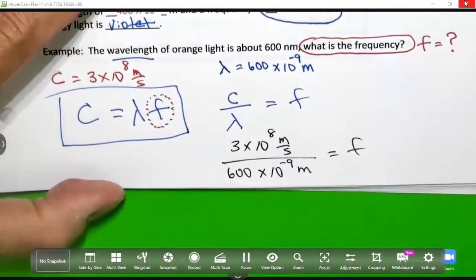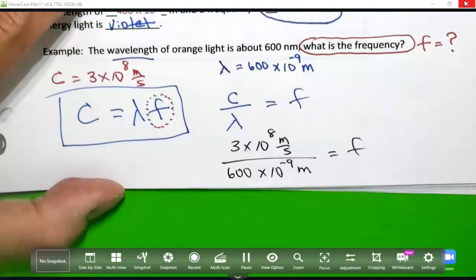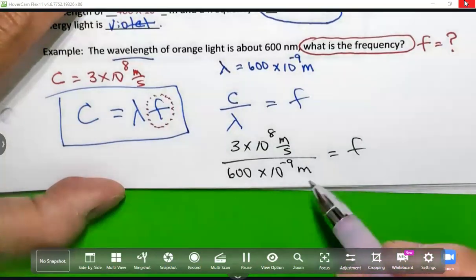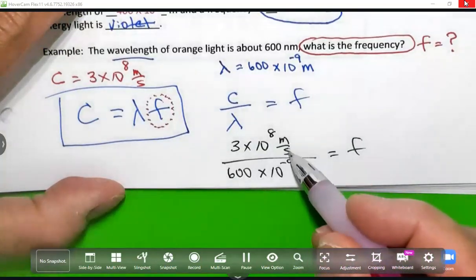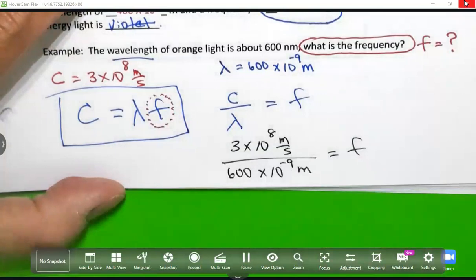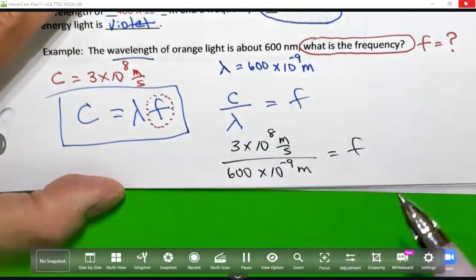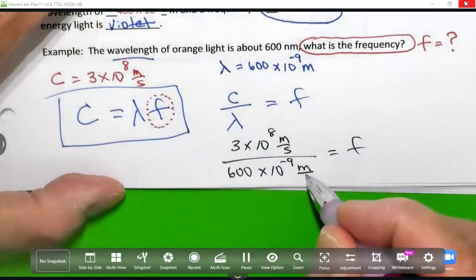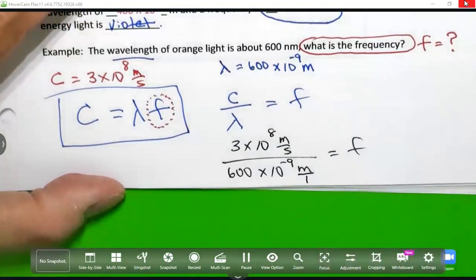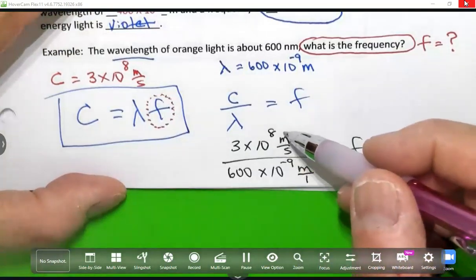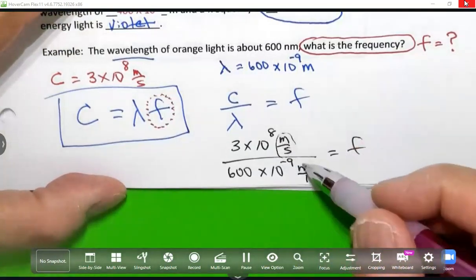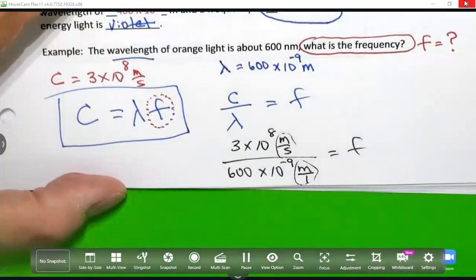Now, let me show you the units real quick, because I think you always want to keep track of units. Now, check this out. This is meters per second, right? And now, can I just put meters over 1? Doesn't change anything, does it? Put anything over 1 doesn't change it. And now, if you have a fraction over a fraction, you flip and multiply, correct?